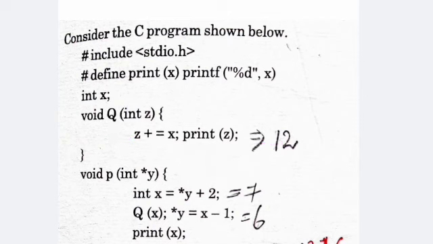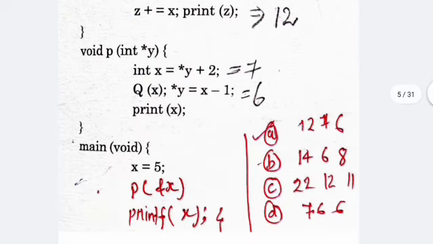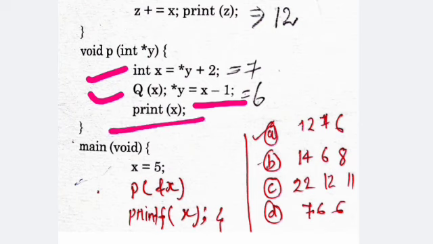And the void p function is given an integer pointer y as parameter, where the value of x is equal to pointer y plus 2, it calls the q function, then sets the value of y equal to x minus 1, and prints the value of x.